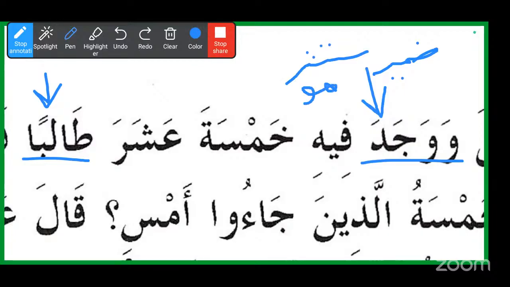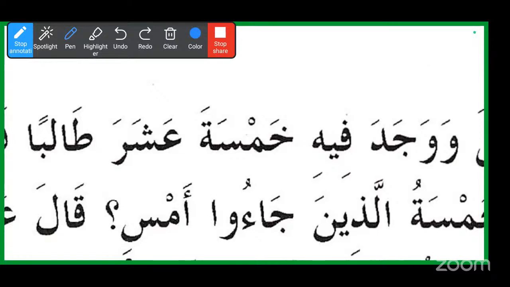The sentence actually is wajada huwa fihi 15 taliban. You see? The damir is there. The fa'il is there, but it is mustatir.